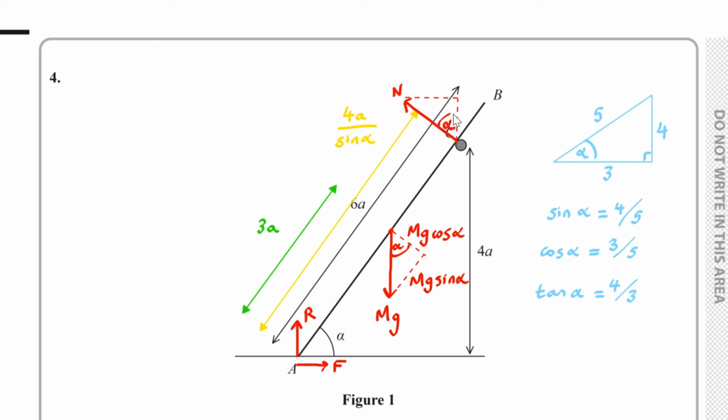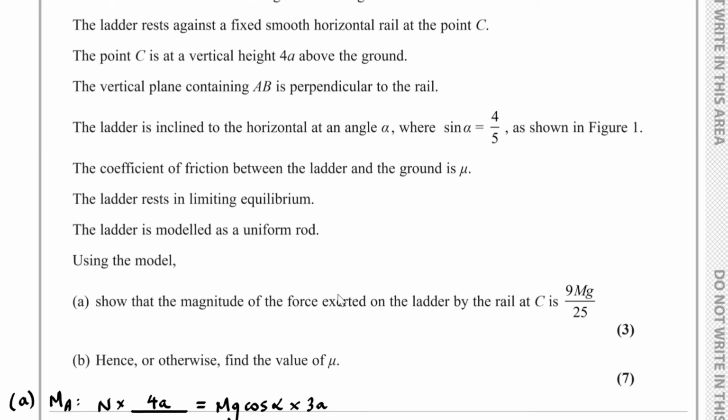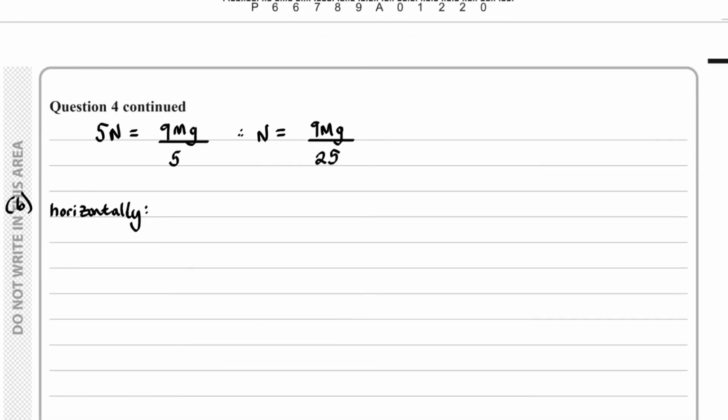Assuming we have the angle alpha over here, N is the hypotenuse, so here we have N sine alpha, and here we have N cos alpha. So if we resolve horizontally, I hope you can see we have F equals N sine alpha.